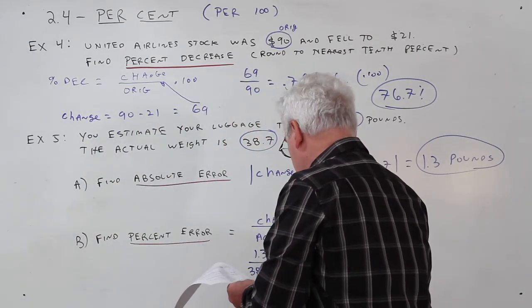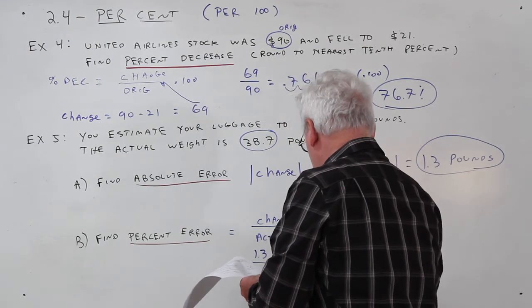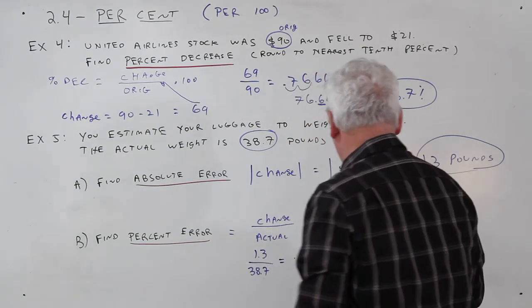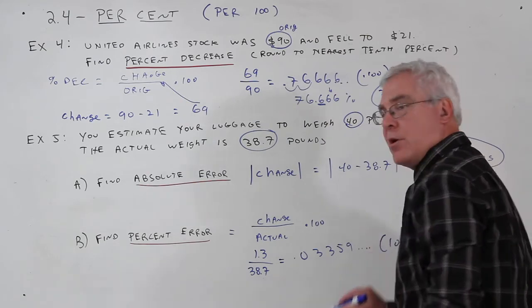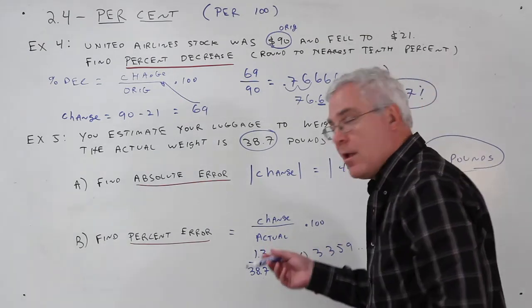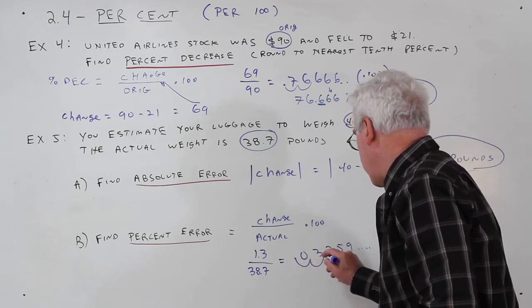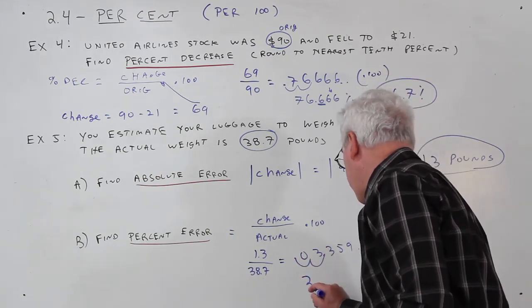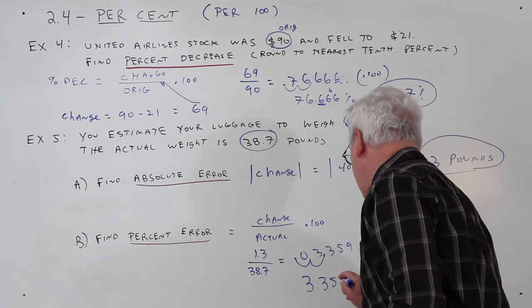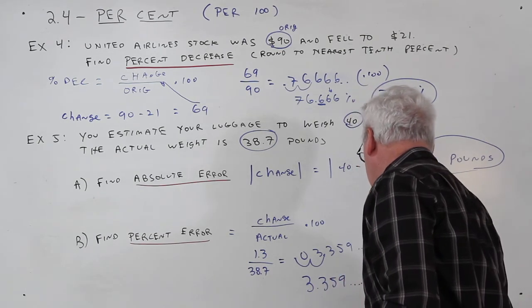And I got 0.03359... I'm going to multiply that by 100 to convert it to a percent. You could use your calculator or you could just do this: 1, 2. So I'm now at 3.359... percent.